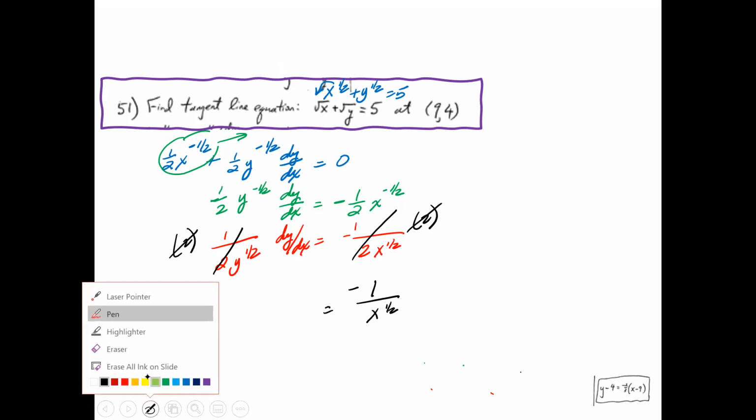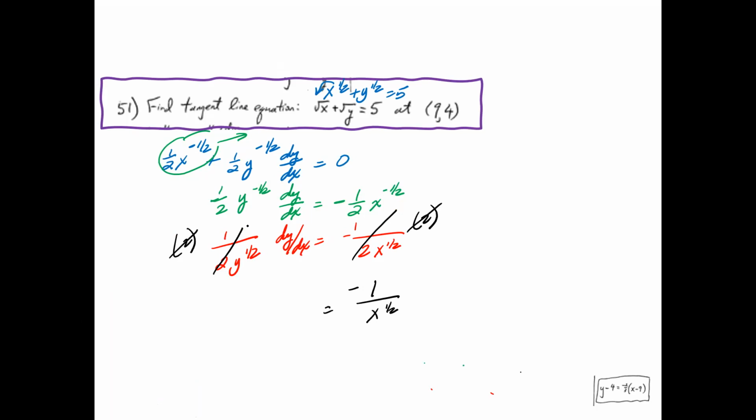And then also, to save some space, I have a 1 over y to the 1/2. So multiply by y to the 1/2 on the numerator, and the y to the 1/2 cancels. And on top, I am going to get y to the 1/2, because 1 times y to the 1/2 is just y to the 1/2, equals dy over dx. Yay. Now I have my first derivative, which is just my slope.